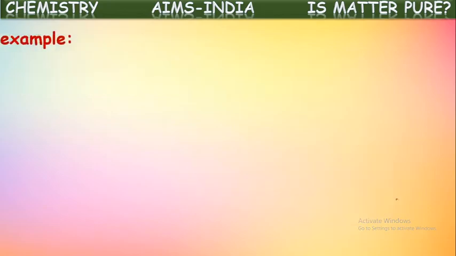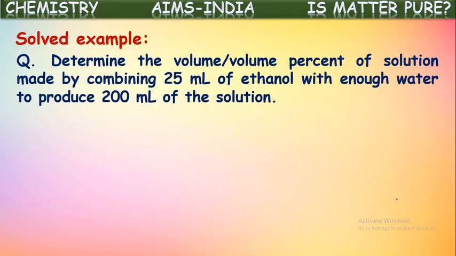Next, let us see one solved example based upon this volume by volume percentage also. Okay, see the question. Determine the volume by volume percentage of a solution made by combining 25 ml of ethanol with enough water to produce 200 ml of the solution.